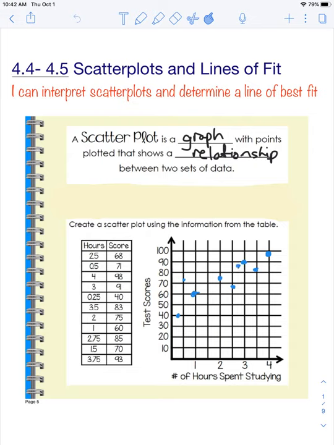That one's like right in the middle of the box. 1.5 hours, score of 70. And 3.75 hours, score of 93. This is going to be towards the bottom, but still in the middle of that box.